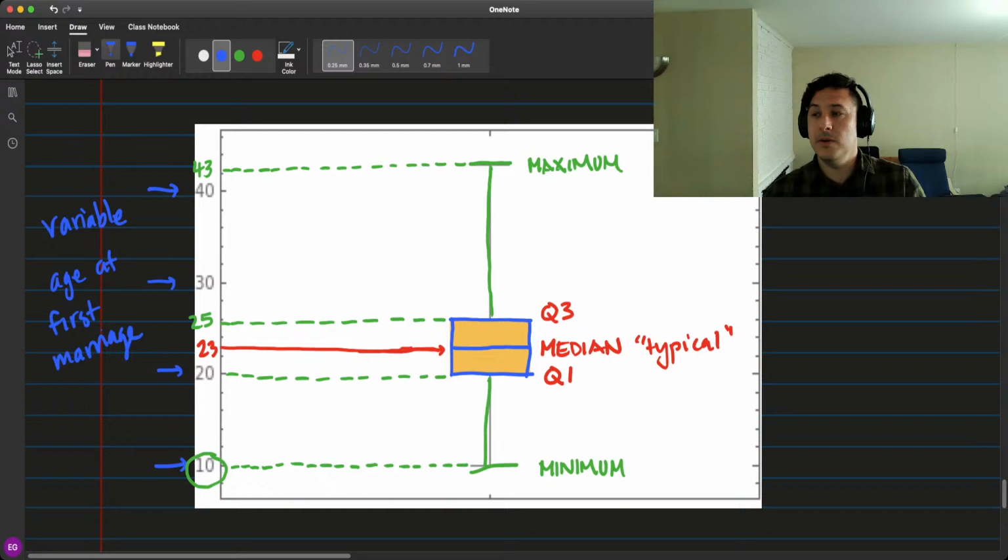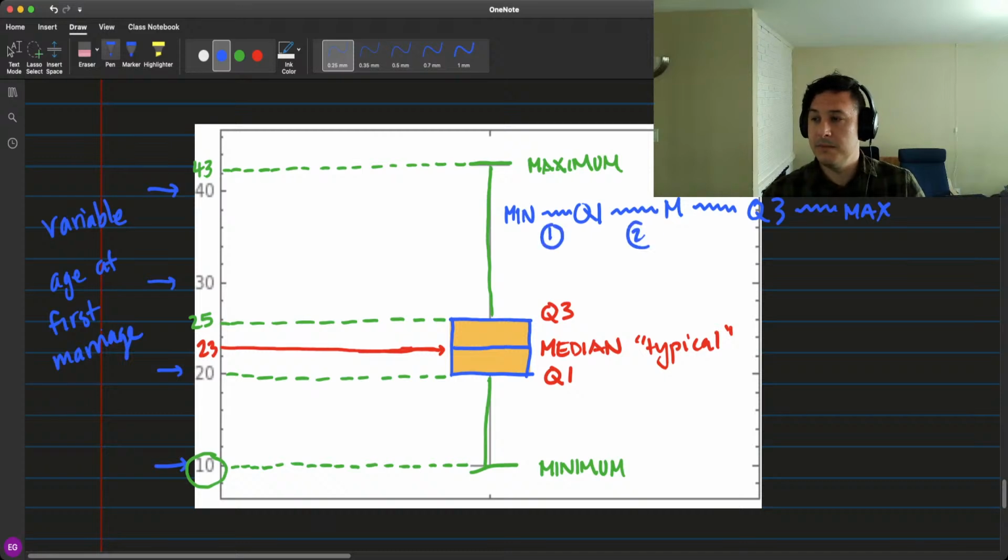So remember the way it works is Q1, the median, and Q3 split up your data into 4 parts. You start at the minimum to the Q1, Q1 to the median, median to Q3, and then Q3 to the maximum. Do you see how there's 4 parts there?